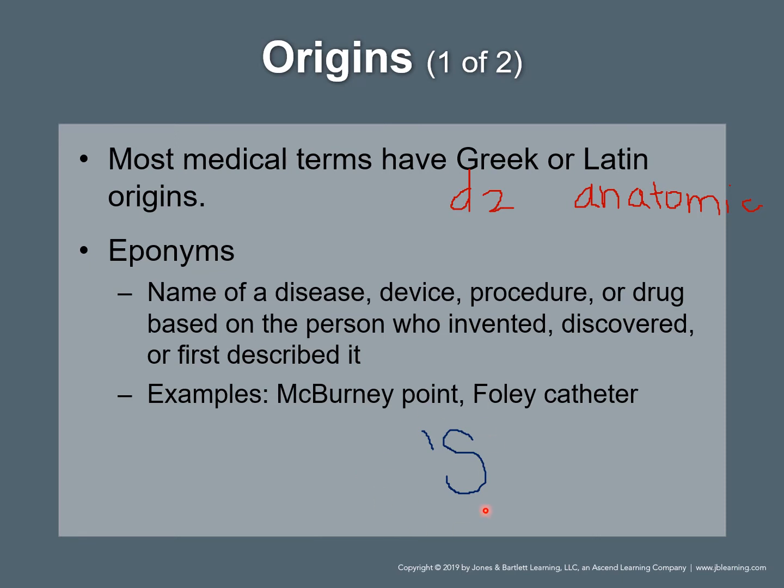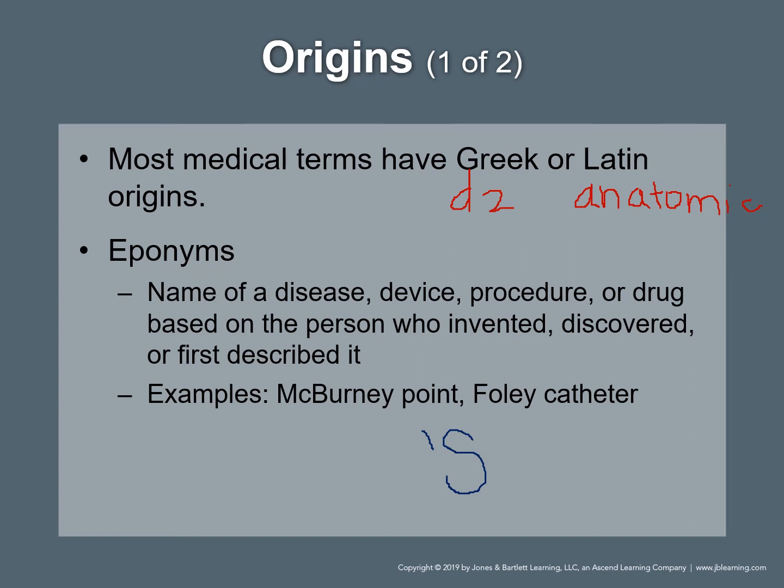Okay. So examples: McBurney point, Foley catheter, Babinski reflex, Crohn disease, cesarean section, Levine sign, Apgar score. Those are pretty neat. So I would be interested in who can tell me what a Babinski reflex is.